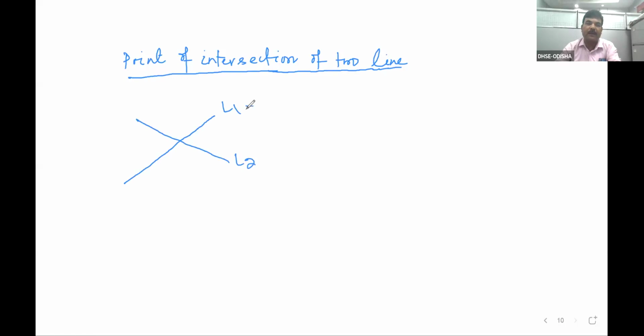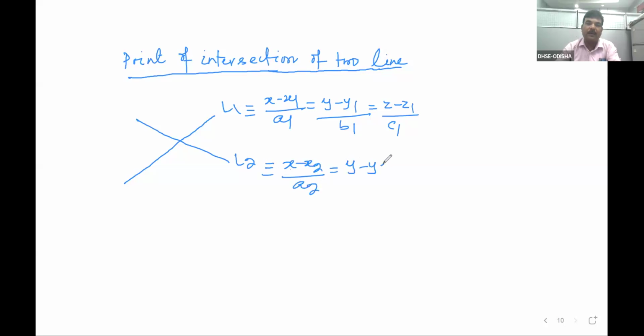Suppose the equation of line L1 is (x minus x1) upon a1 equals (y minus y1) upon b1 equals (z minus z1) upon c1, and the equation of line L2 is (x minus x2) upon a2 equals (y minus y2) upon b2 equals (z minus z2) upon c2.